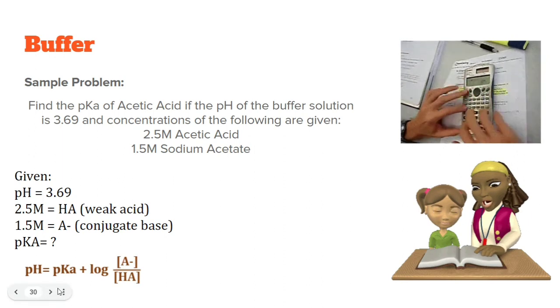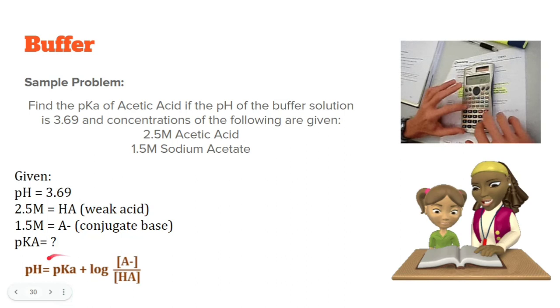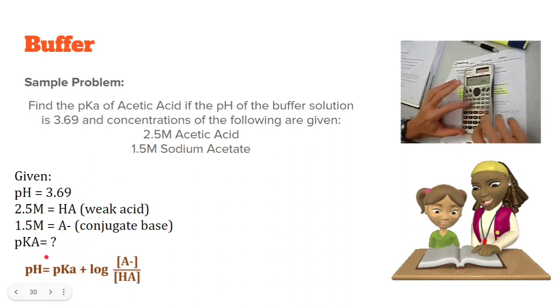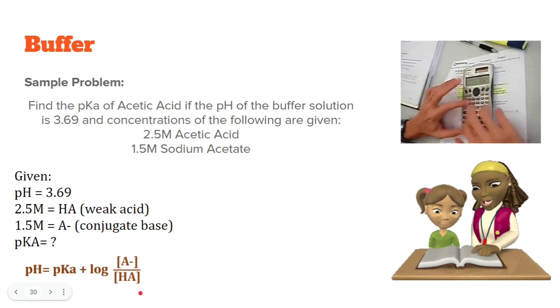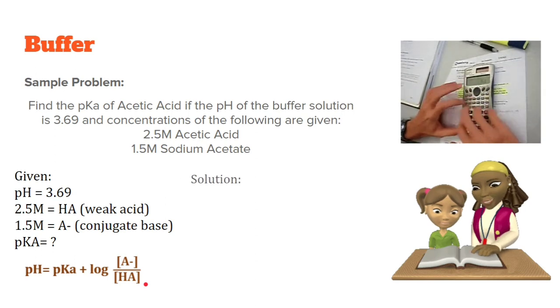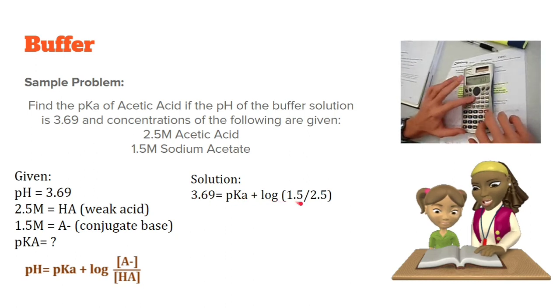So basically guys, what we are looking for is this pKa. We have a given pH, a given conjugate base, and a weak acid. So substitute. Solution: 3.69, which is your pH, is equal to pKa plus logarithm of 1.5 divided by 2.5.